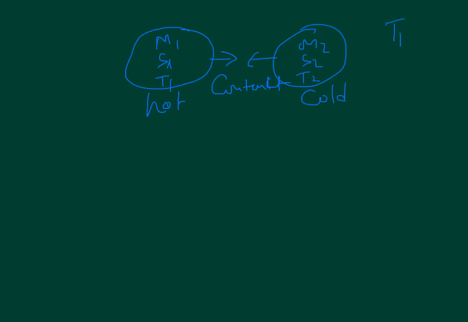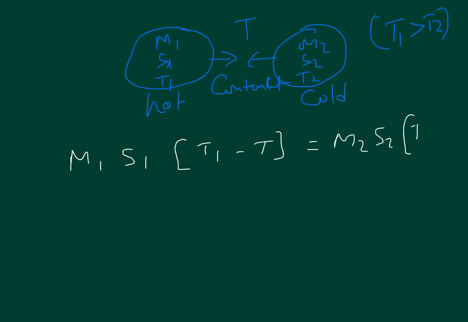Here I took the condition T1 greater than T2, so heat is lost by the hot body and gained by the cold body, and T is the resultant temperature. After this I found M1 S1 (T1 minus T) is equal to M2 S2 (T minus T2). This is the formula I noticed.